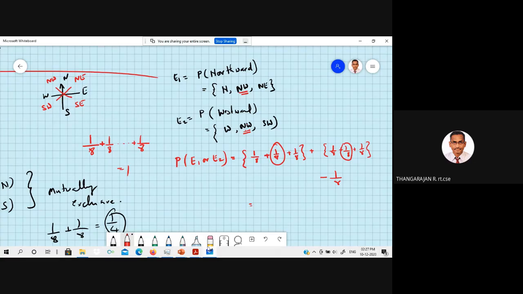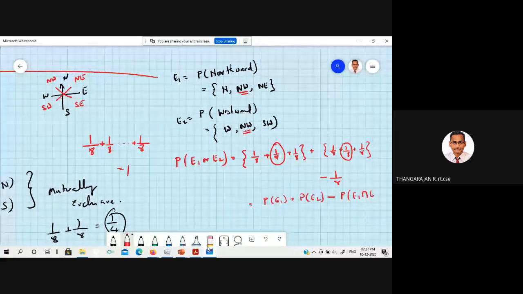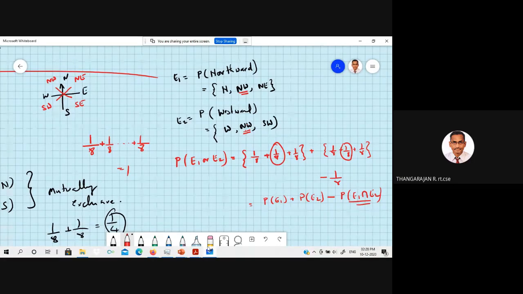What is the probability that E1 or E2 occur? In that case, it is probability of E1 plus probability of E2, but now you have minus probability of E1 intersection E2. The intersection of E1 and E2 is the common thing, that's what I told you, so you have to subtract that.